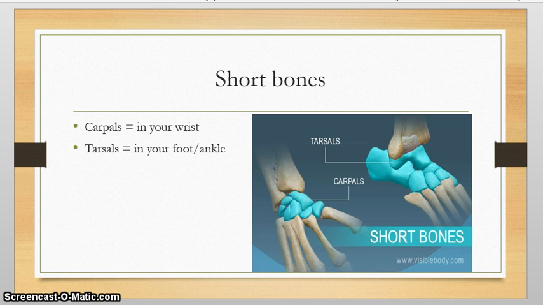So they consist of only a thin layer of compact hard bone with cancellous bone on the inside, along with relatively large amounts of bone marrow.